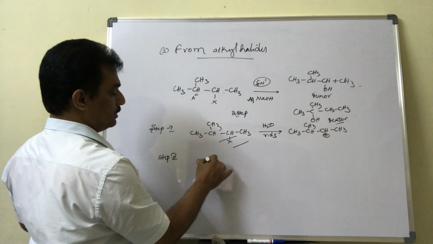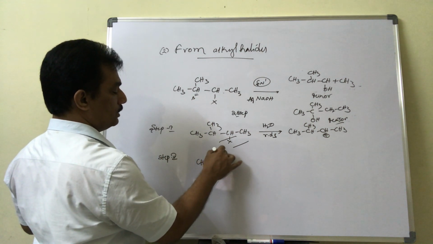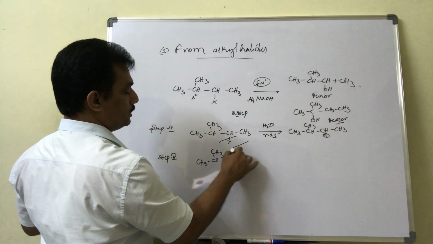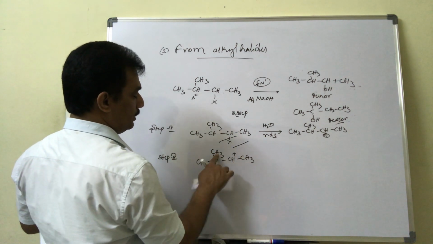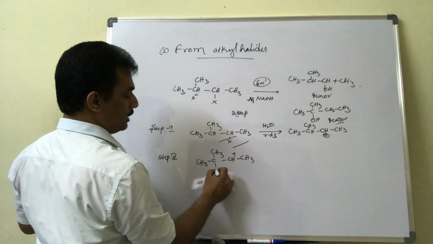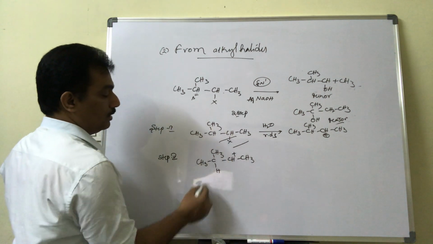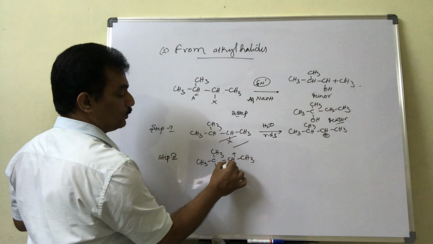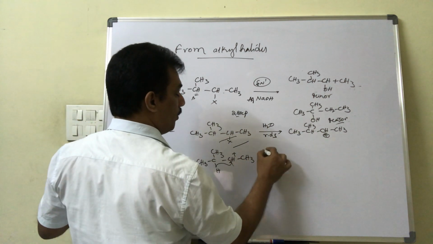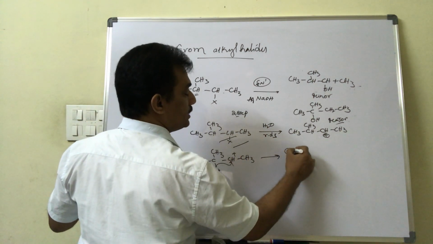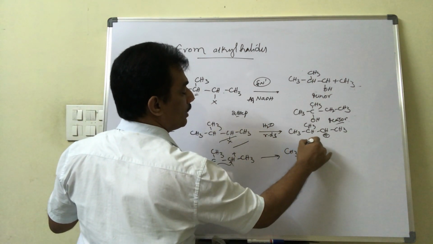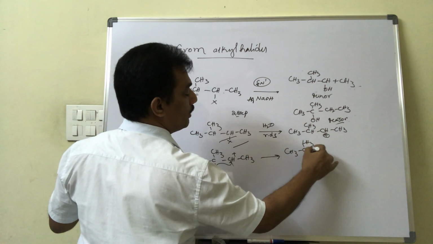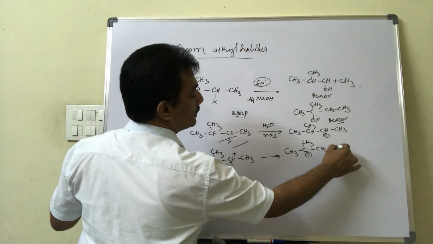that is nothing but CH3, CH, CH3, CH plus CH3. In this case, when it is a secondary carbocation, this hydride will shift to this. Thereby, after this rearranged carbocation, a tertiary carbocation will form here like this.